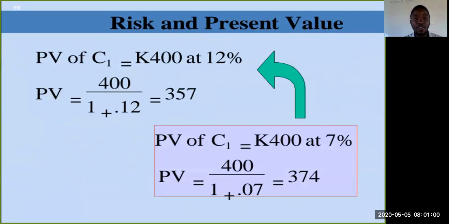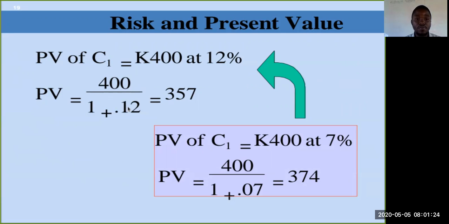So we've got the present value now of the 400 kwacha using 12%. So the present value will be 400 divided by 1 plus 0.12. This 0.12 was the interest rate, which was 12 divided by 100, giving us 0.12.